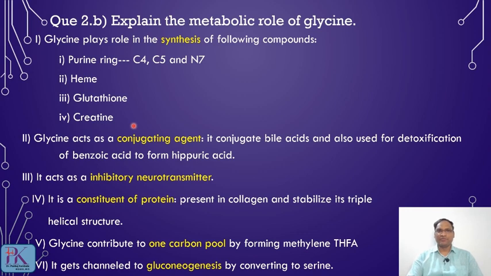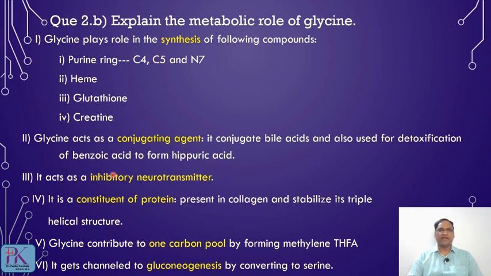So to revise, what are the metabolic roles of glycine? Synthesis of compounds. Which compounds? C4, C5 and N7 of the purine ring, heme, glutathione, creatine. Next role is conjugating agent. It conjugates bile acid, and it is used for detoxification of benzoic acid to form hippuric acid.